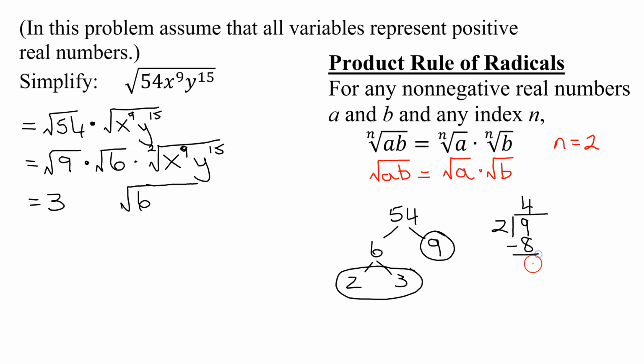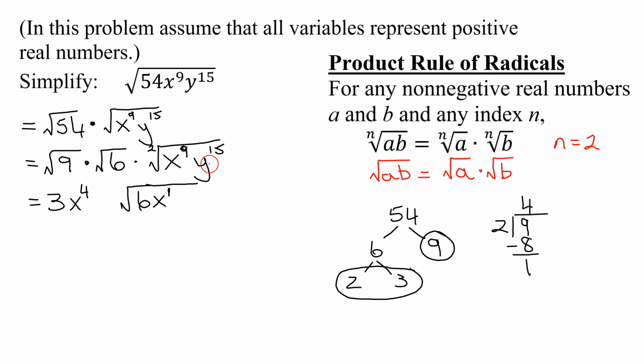Subtract 9 minus 8 is 1. The quotient 4 is the exponent on the x outside the radical. So I'm going to have x to the 4th outside. The remainder, 1, is the exponent on the x left inside the radical.